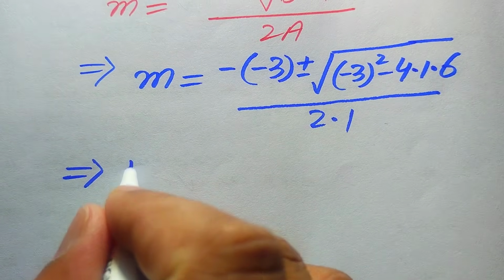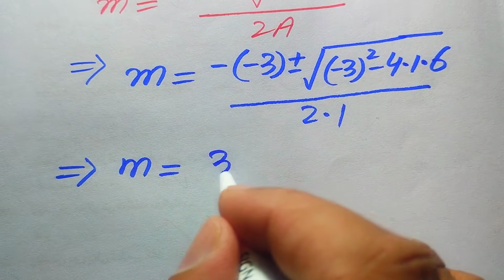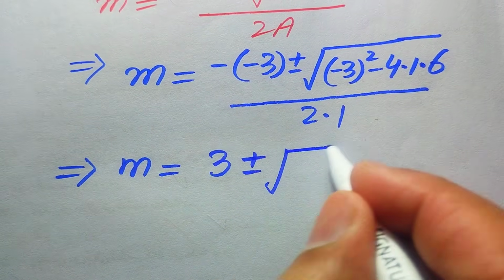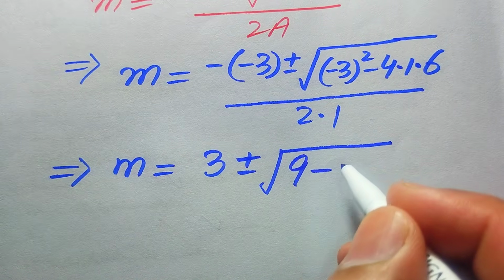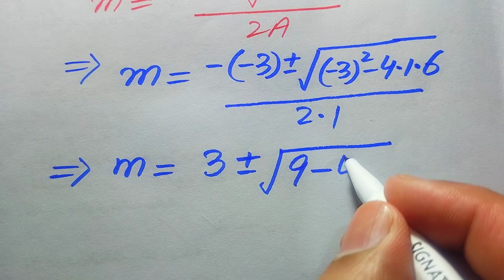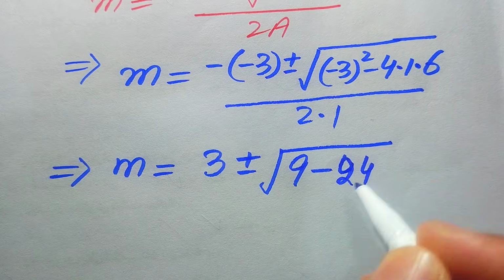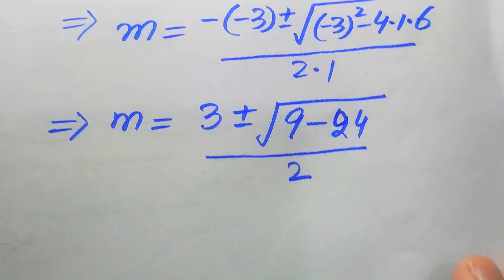In the next step we simplify and get m equals, minus times minus becomes plus 3, plus minus square root of minus 3 squared, which becomes 9, minus 4 times 6 which becomes 24, divided by 2 times 1, which equals 2.